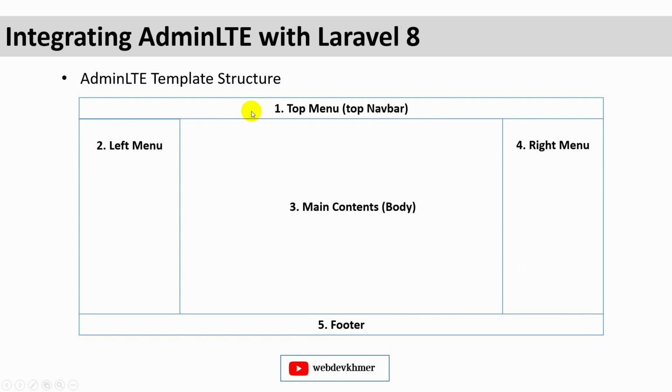The second one is the left menu or left sidebar, and the middle one is the main content, the body of the whole page. The fourth is the right menu or right sidebar, and the last one is the footer. This is the template structure of adminLTE. So I will follow this to configure it.